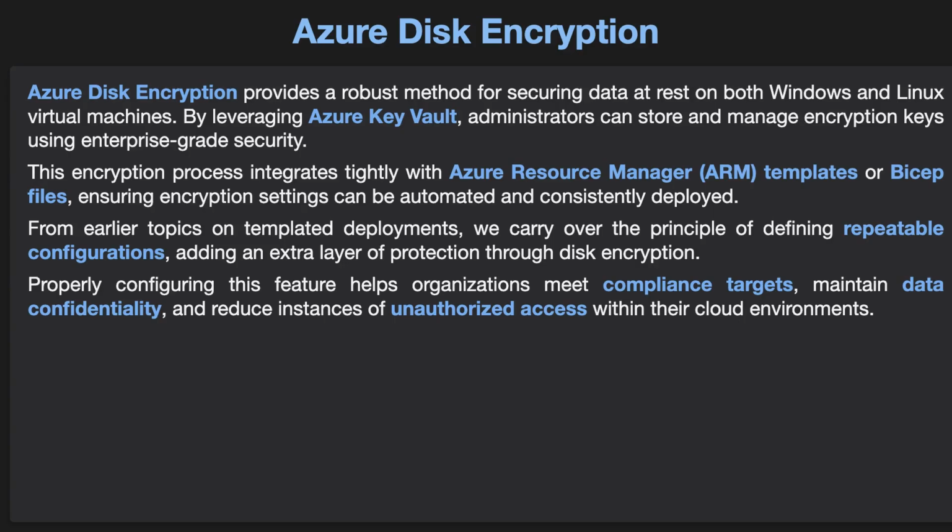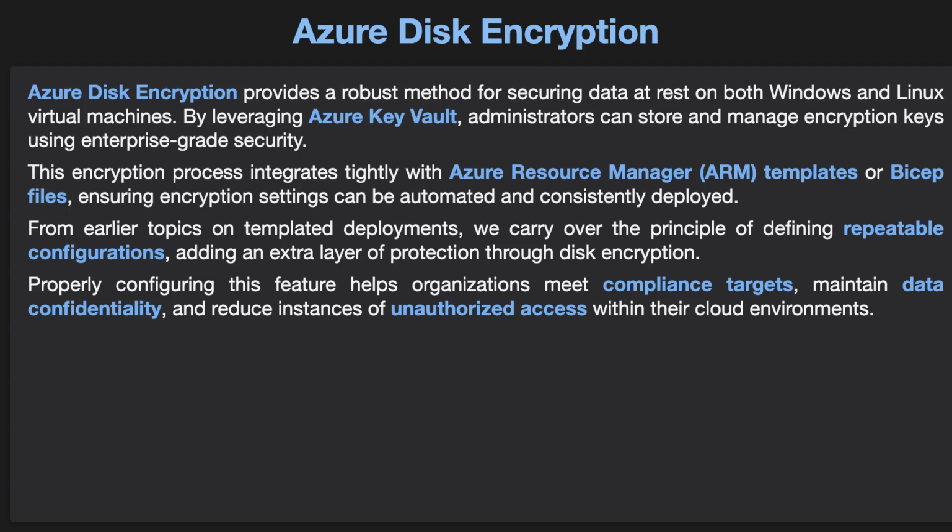Azure Disk Encryption provides a robust method for securing data at rest on both Windows and Linux virtual machines. By leveraging Azure Key Vault, administrators can store and manage encryption keys using enterprise-grade security. This encryption process integrates tightly with Azure Resource Manager (ARM) templates or Bicep files, ensuring encryption settings can be automated and consistently deployed.